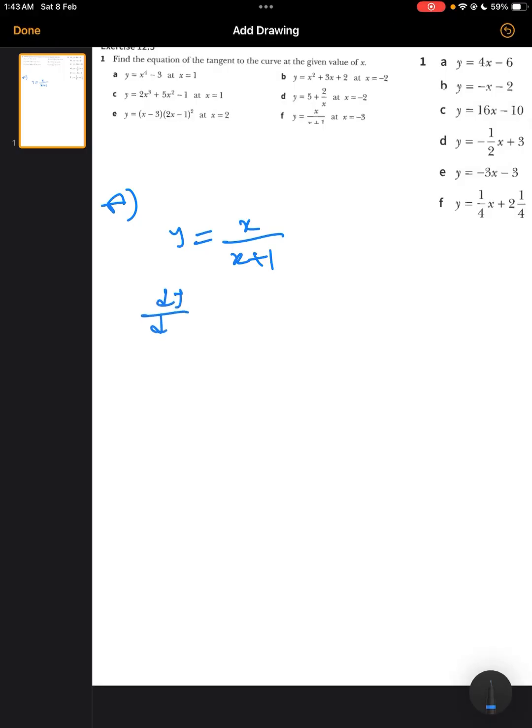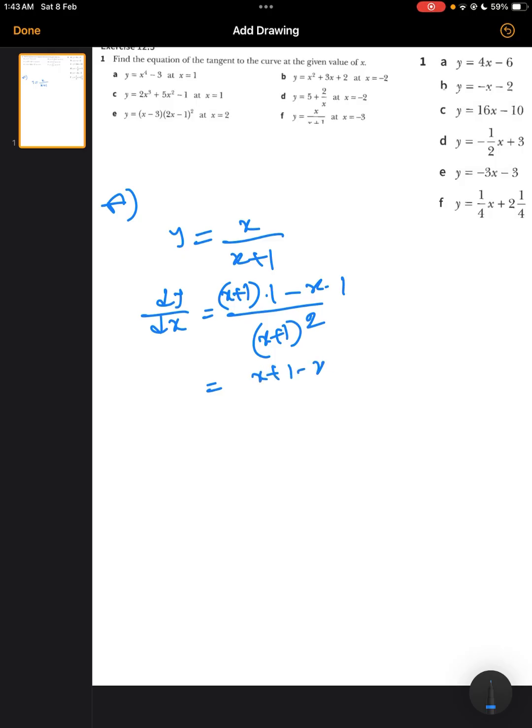So the differentiation of y would be, I have to use the u by v rule here. Okay, so (x plus 1) whole square, (x plus 1) times 1 minus x times 1.